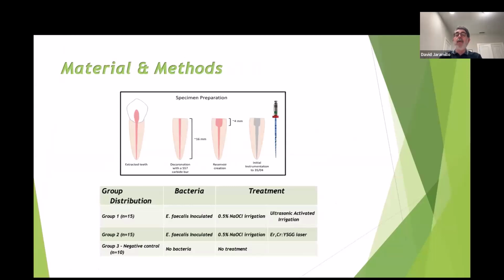Why 0.5% sodium hypochlorite? First of all, 0.5% is totally backed by the literature, especially from the Scandinavian school, and actually some parts of the East Coast of the United States like to use lower concentrations of sodium hypochlorite.